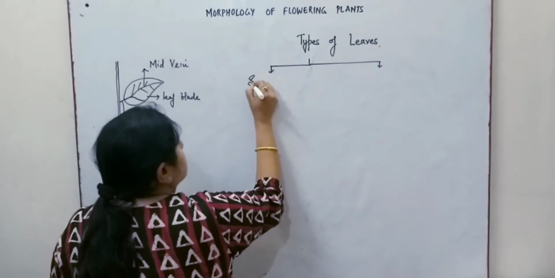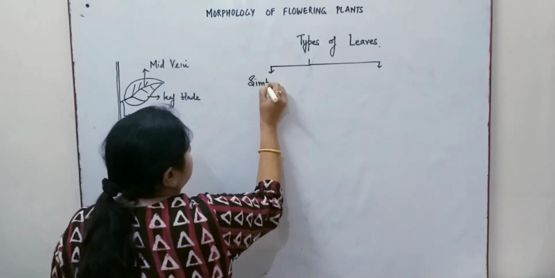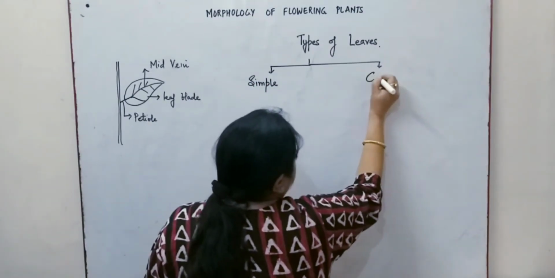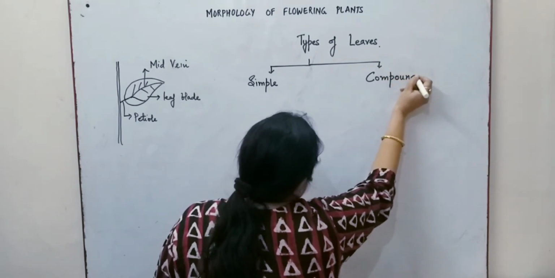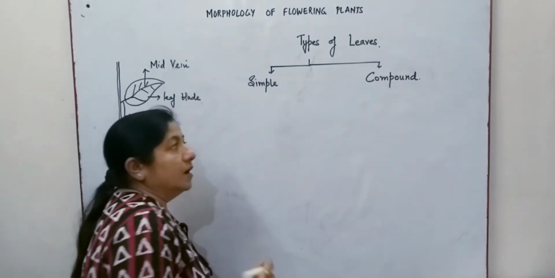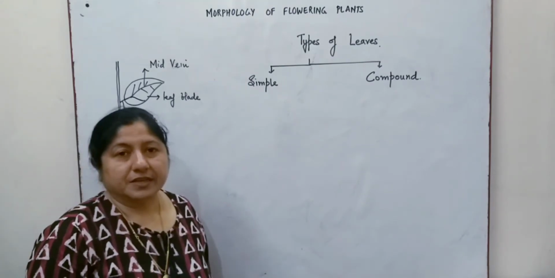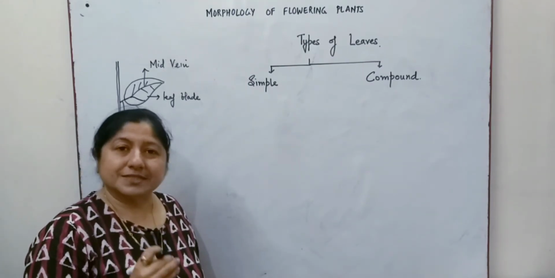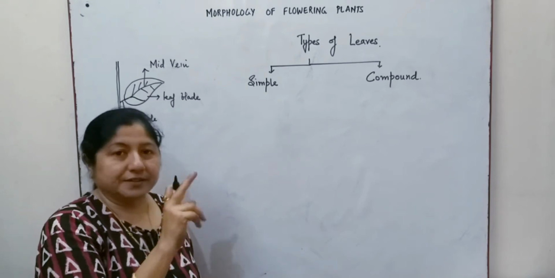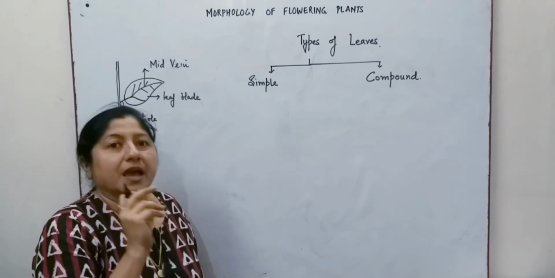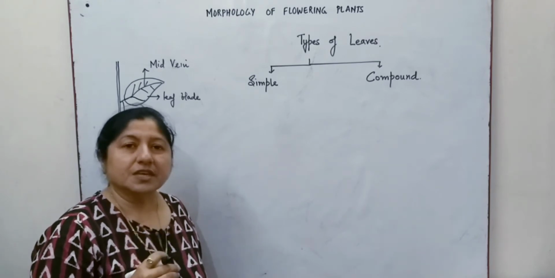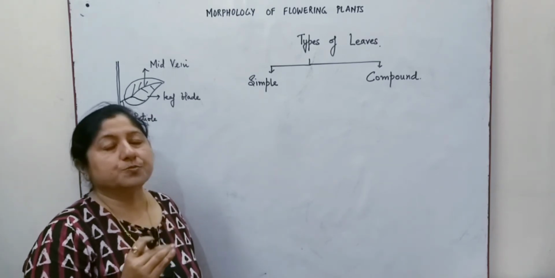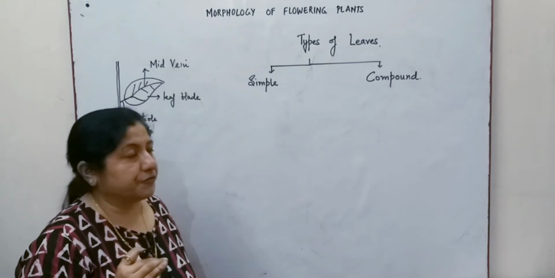One is the simple type of leaf and the other is a compound leaf. A simple leaf is one which is having the entire lamina, and if the lamina is showing incisions, they will not be reaching up to the midrib.